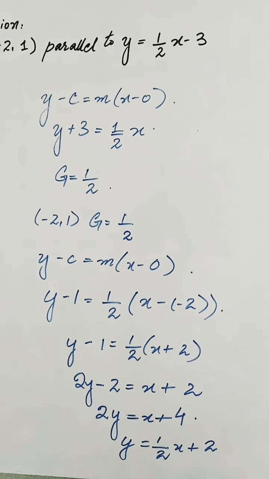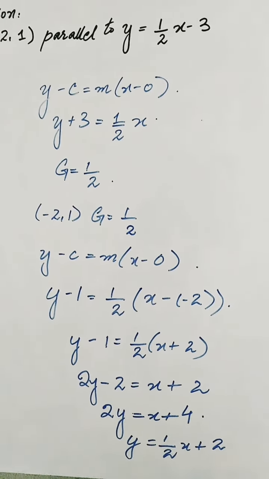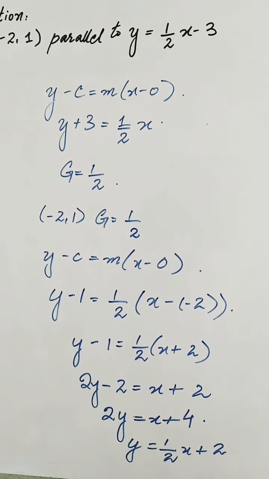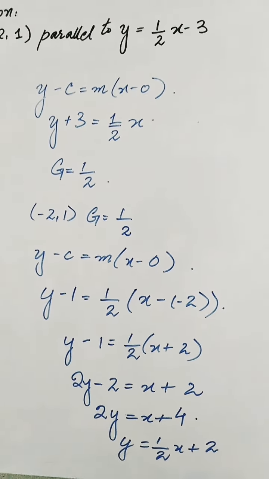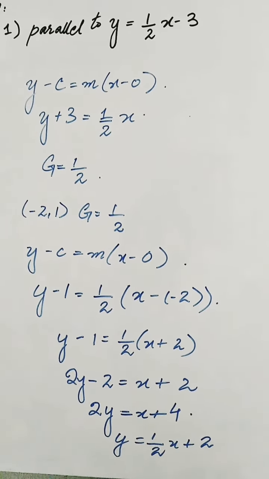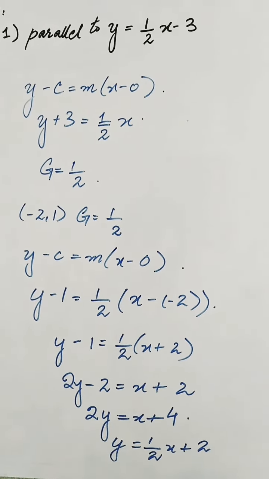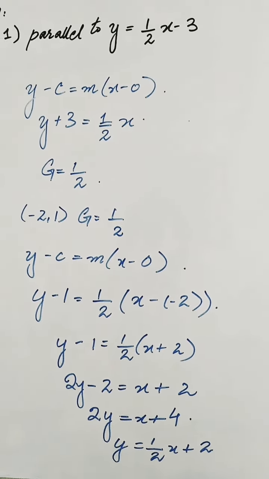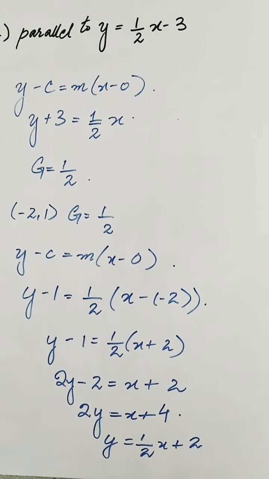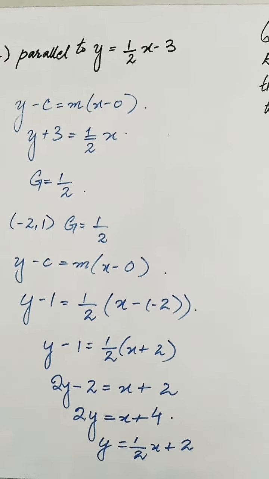Now we can easily find the equation of the line, which comes out as y minus the y coordinate, which is 1: y minus 1 equals gradient 1 over 2, bracket x minus minus 2, as minus 2 is the x coordinate. Now we have y minus 1 equals 1 over 2 (x plus 2). Further solving, we will have 2y minus 2 equals x plus 2, or you can write the equation as y equals 1 over 2 x plus 2.